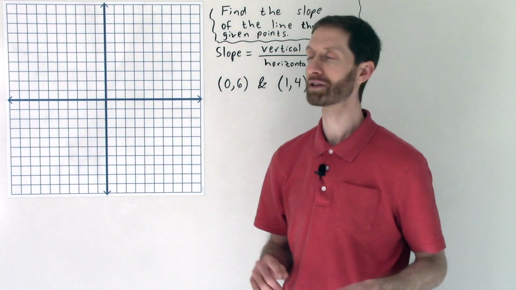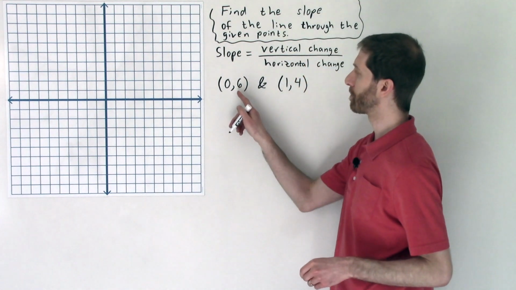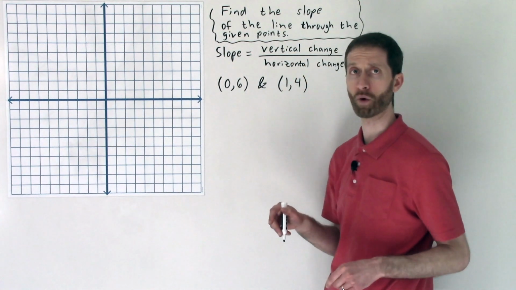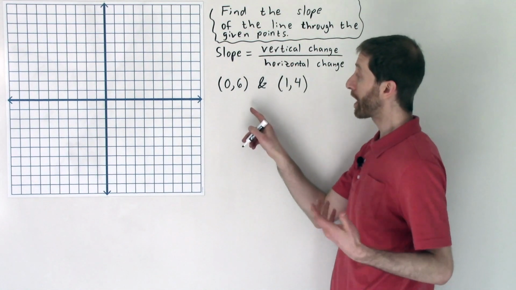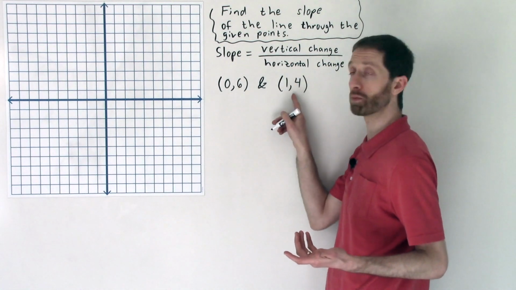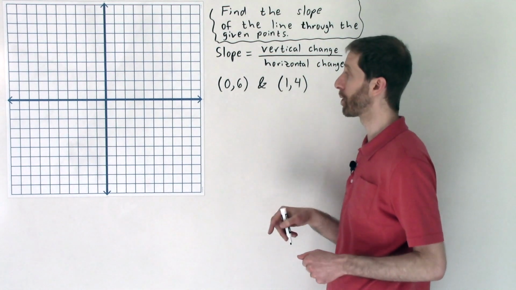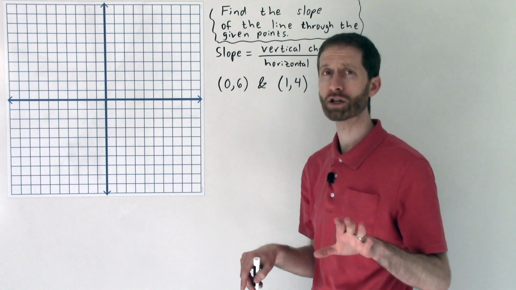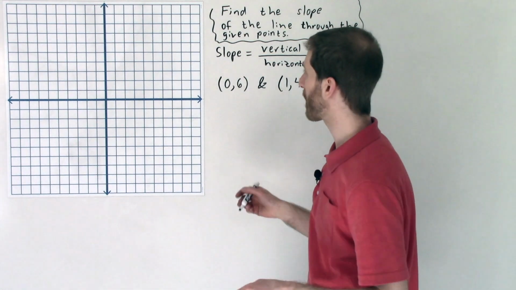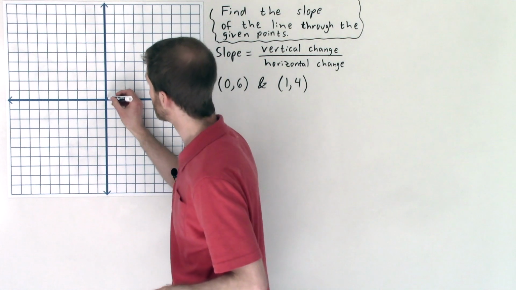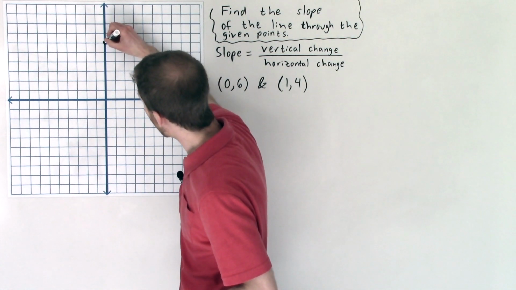Let's do this! So we are asked to find the slope between the points (0, 6) and (1, 4). So basically we're being told that you have a line that will go through those 2 points. Maybe we'll graph it first, but in later problems, you're not going to have to graph a thing. If we were to graph this, you would have (0, 6), so it'd be up 6, way up there, right?